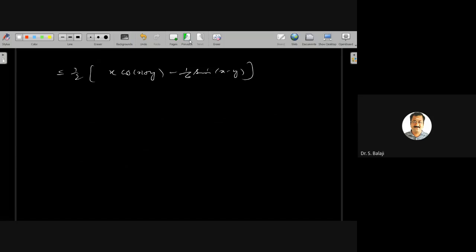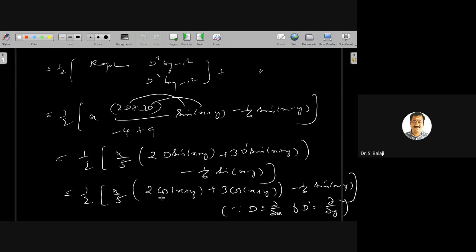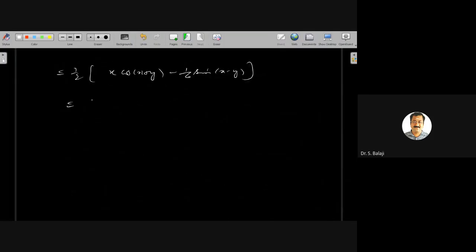If you write 1 by 12, you can write it as 6x cos of x plus y minus sin x minus y. This is your particular integral.